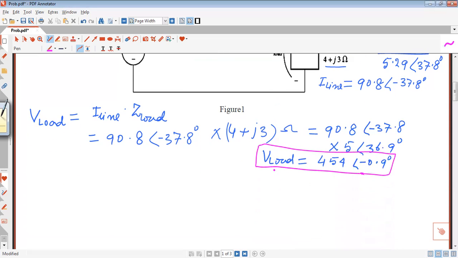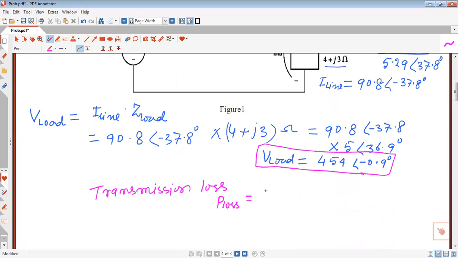Now our part is to find the transmission loss. We can find the transmission loss by using the relation P loss.